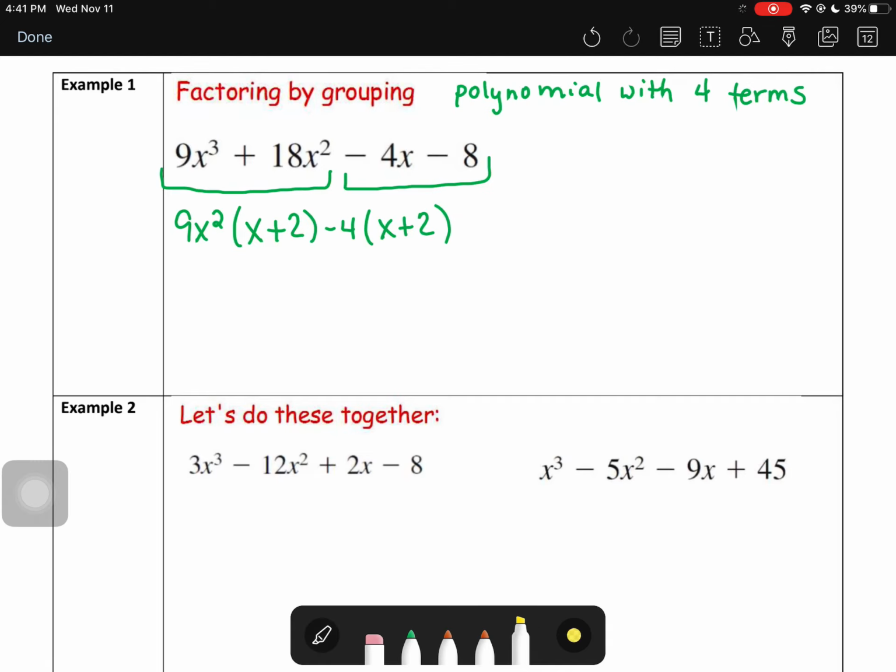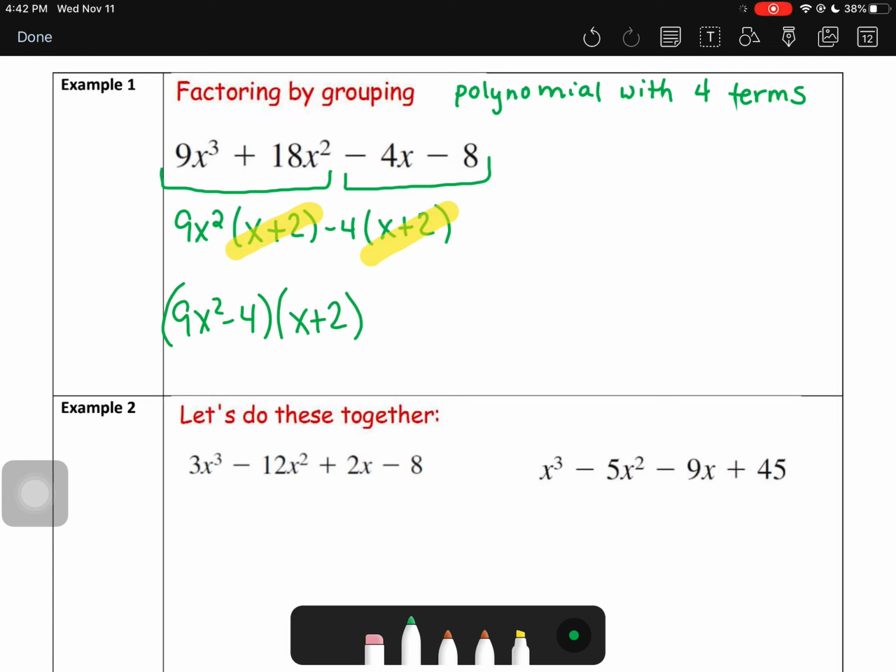And now that you notice that these two are the same, we're really undistributing. So we're putting the 9x squared minus 4 as one of our factors and x plus 2 as our other factor. Noticing that if we were to distribute or FOIL, we would take 9x squared times the x and the 2 and the -4 times the x and the 2.